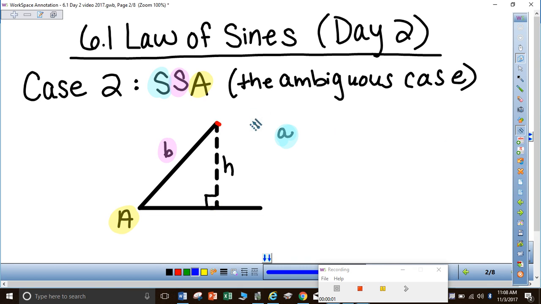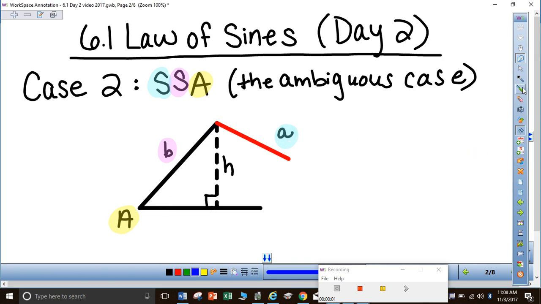Okay, a third possibility is if side A is longer than the height. So notice how it's a little bit longer than the height. This might be a little harder. In class, it's easier for me to demonstrate because I actually use a ruler to demonstrate the swinging side. If it's longer than the height but less than side B, it's going to actually form two triangles.